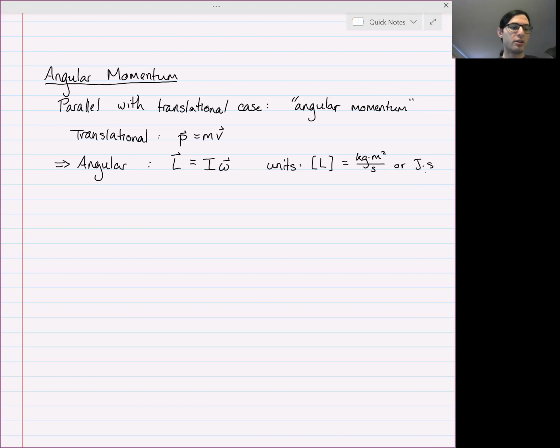Just like force and torque, remember force is newtons, torque is Newton meters. P and L, momentum and angular momentum, differ by a factor of length.